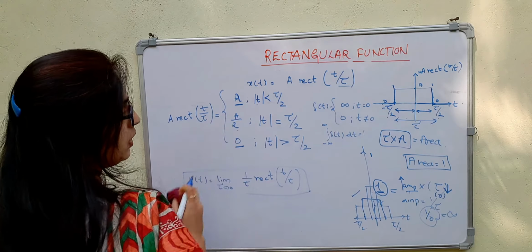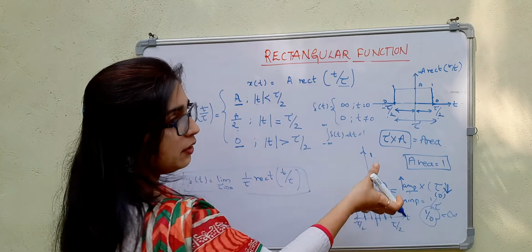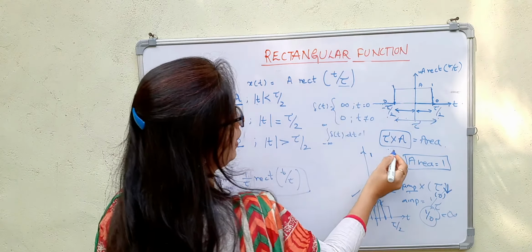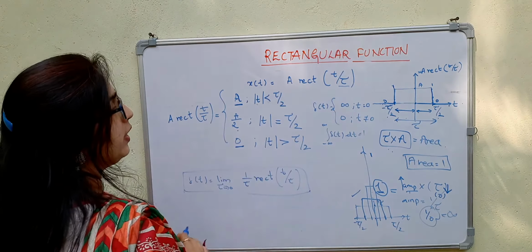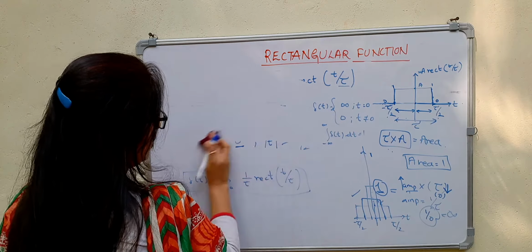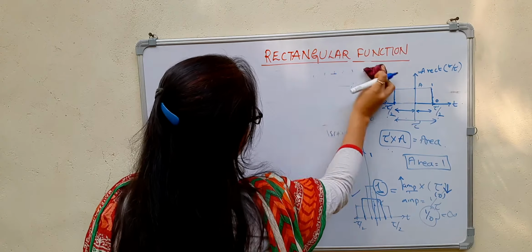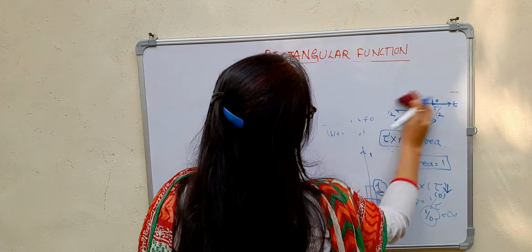Okay, so here the area is equal to 1, because the width is 1 and the height is equal to 1 in the case of the unit rectangular function. So let us consider the shifting, scaling and reversal properties of this unit rectangular function.